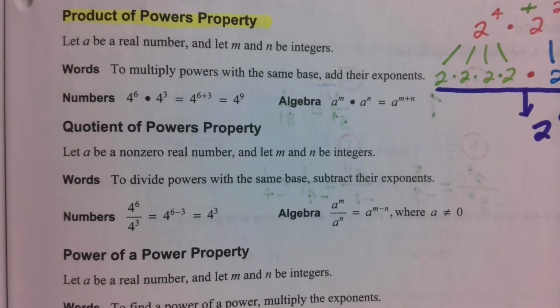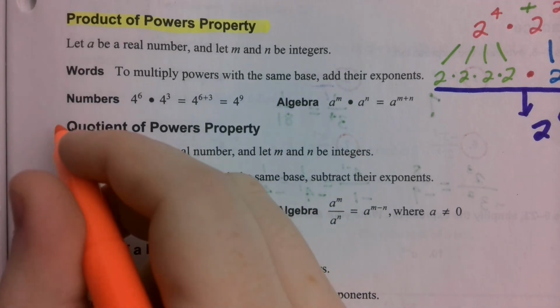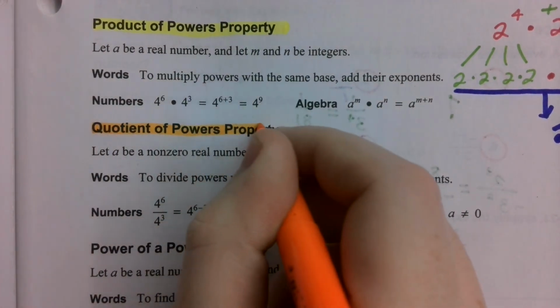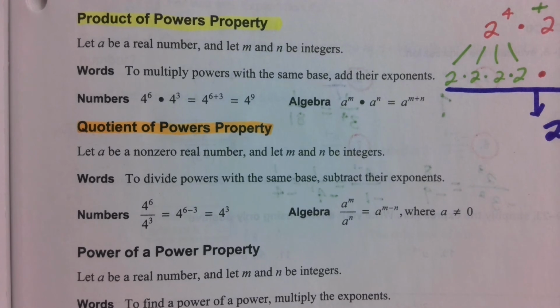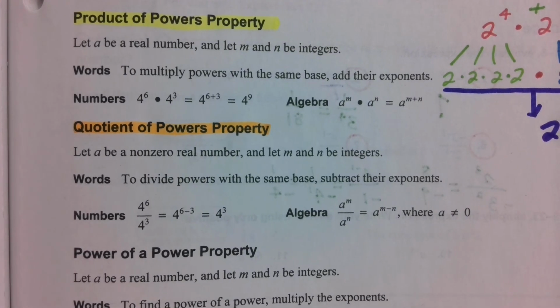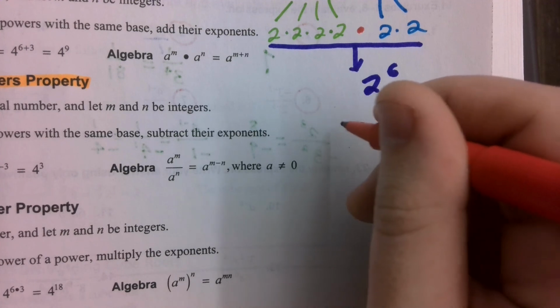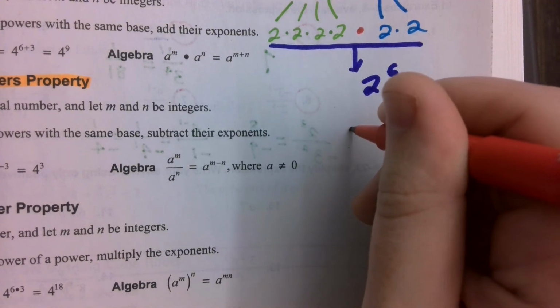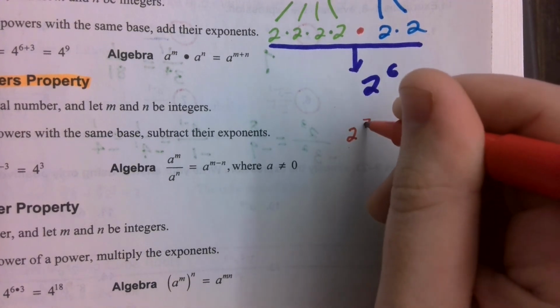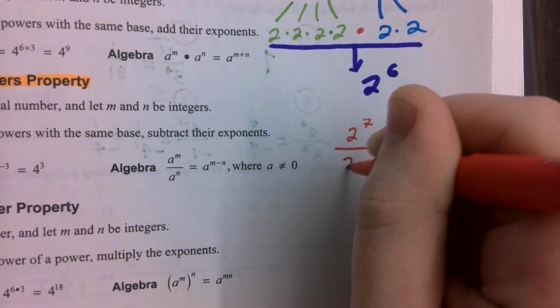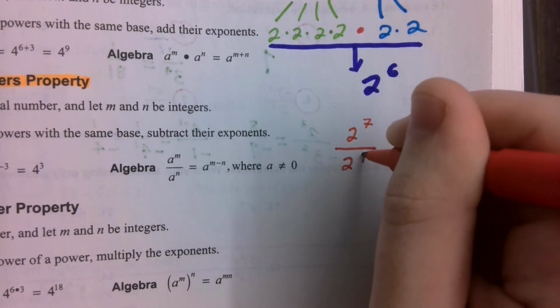There is one other way we can simplify here, and it is the quotient of powers property. Now, when we hear the word quotient, we think division. The quotient of powers property says this. Let's say we have 2 to the 7th power divided by 2 to the 4th power.